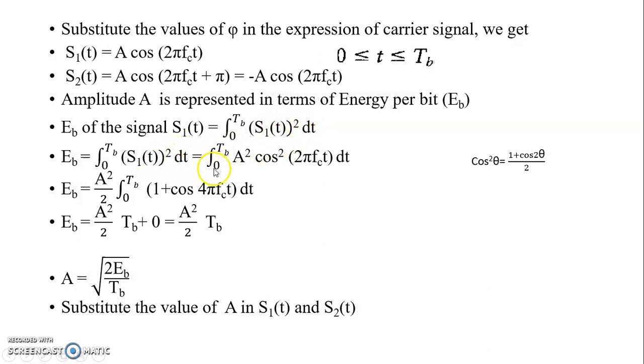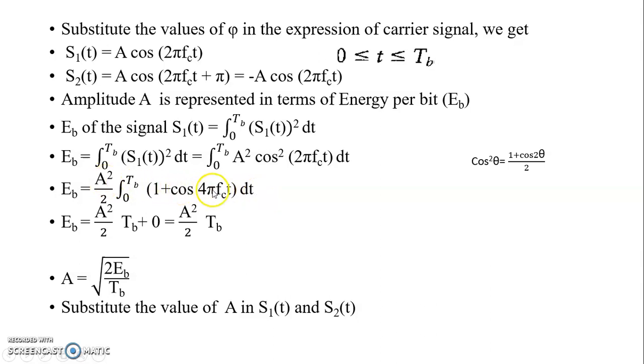So this can be represented as the integral from 0 to tb of A square cos square(2 pi Fc t) dt. Then using the expression cos square theta equal to (1 plus cos 2 theta) divided by 2, cos square(2 pi Fc t) becomes (1 plus cos 4 pi Fc t) divided by 2. So Eb is equal to A square by 2 times the integral from 0 to tb of (1 plus cos 4 pi Fc t) dt.